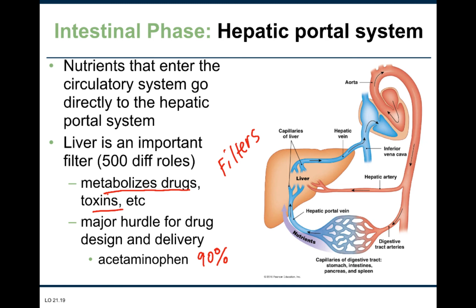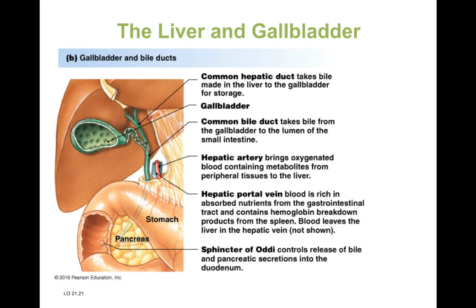I don't know the number off the top of my head, but I think it's probably somewhere between 2 and 4% of a single dose of acetaminophen that actually makes it into your bloodstream. Okay, so the liver is really important. It helps filter the blood and the nutrients from everything that you're taking in.